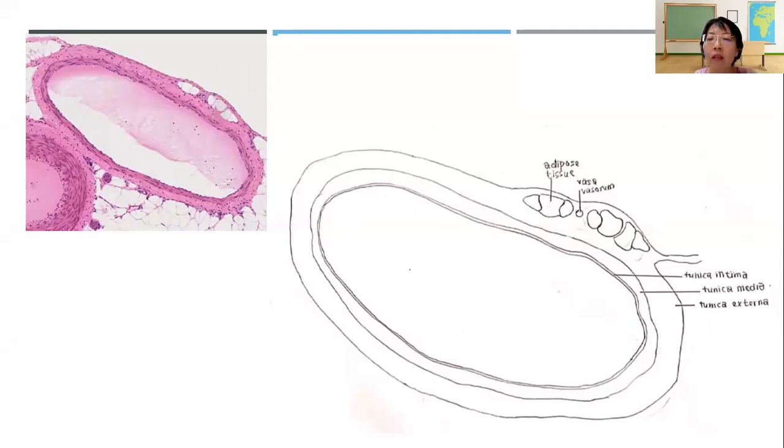Or maybe format wise, you don't get the mark because you didn't draw a plan drawing. And then accuracy wise, maybe you get the mark, but actually this layer shouldn't be drawn. Then labeling wise also no mark because it's tunica intima, media, externa. So do you get a mark? Probably 0 marks. For such a beautiful, such an accurate drawing, you get 0 marks, you know.